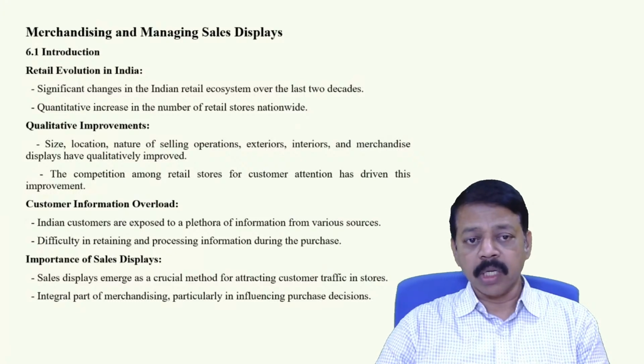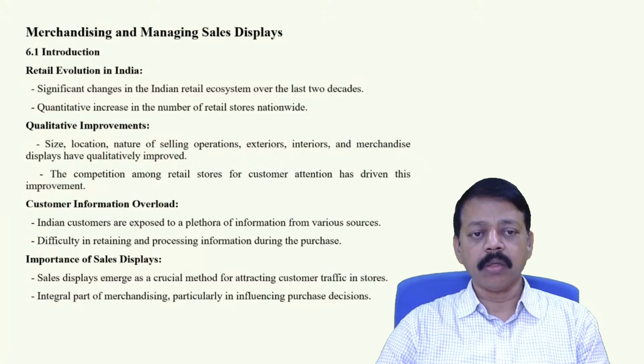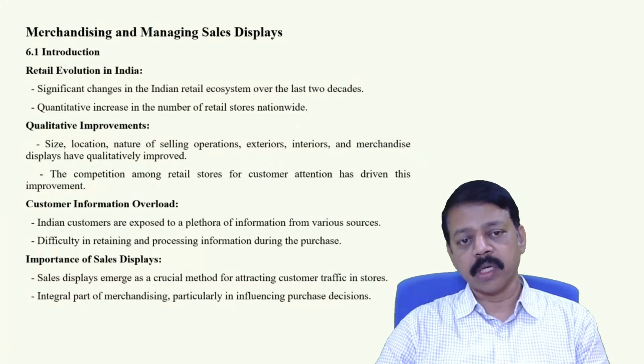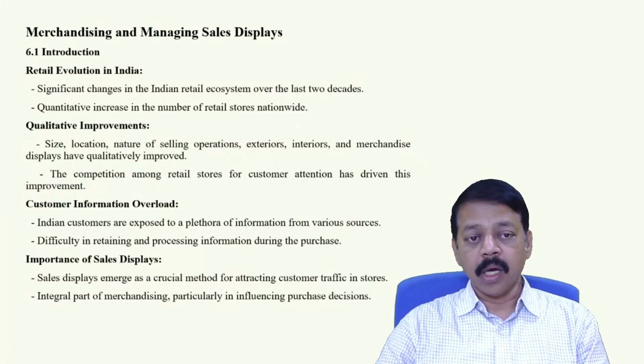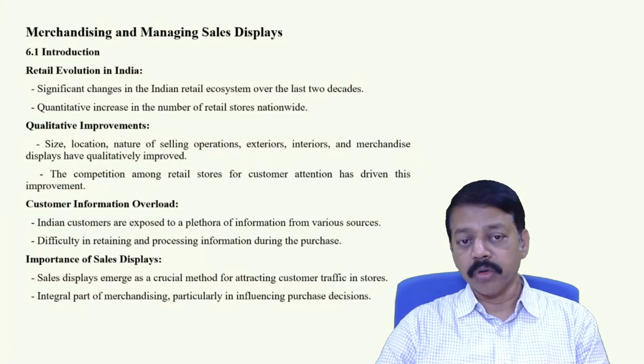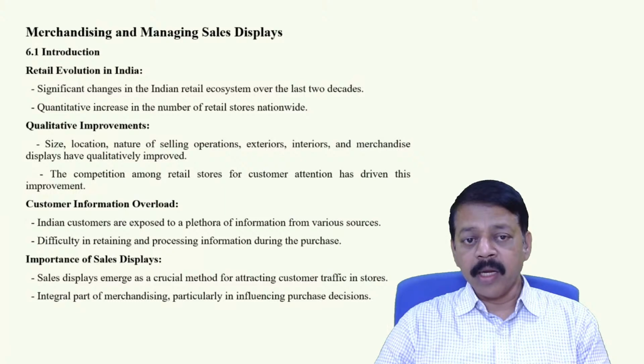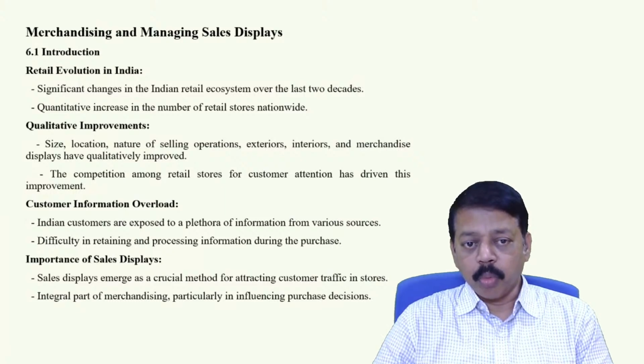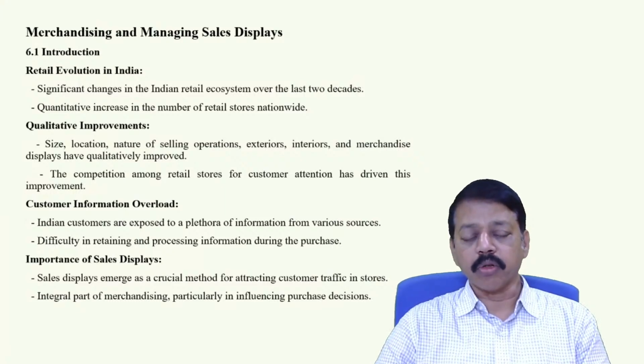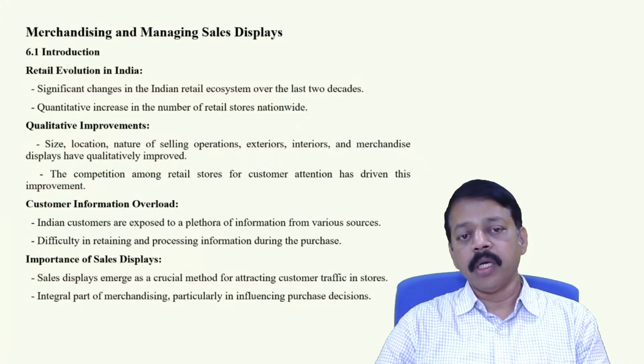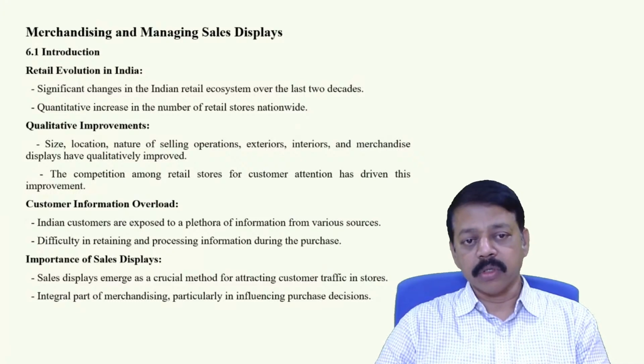And the nature of selling operations now covers almost everything. You go to a retail mall and find all sorts of products and goods being sold, offering the customer a solution under one rooftop. That provokes the customer into getting into the store, because he finds all his solutions in one place.